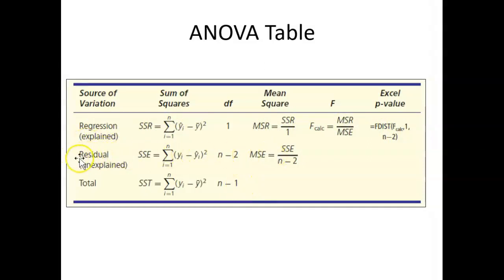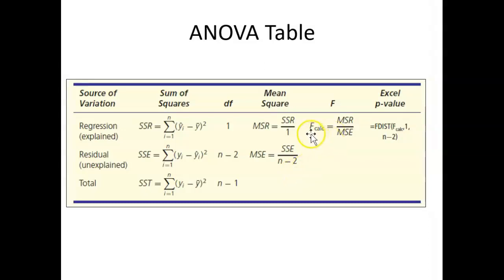The unexplained variation is in the middle row, and then the total variation is in the bottom row. So here we have the SSR formulas, the unexplained sum of squares formulas, and the total sum of squares formulas, and their respective degrees of freedom in the third column. The fourth column calculates those mean squares for the regression and for the errors. Okay, and these are the values that we just saw in the F table.